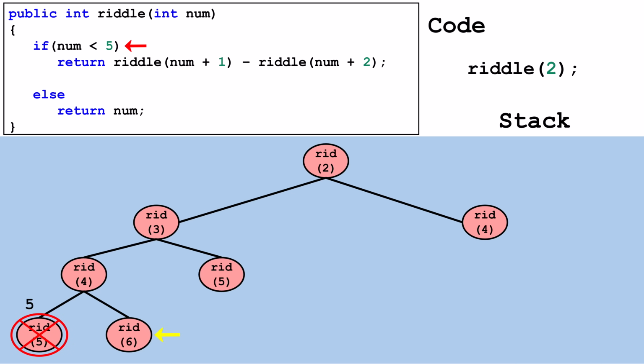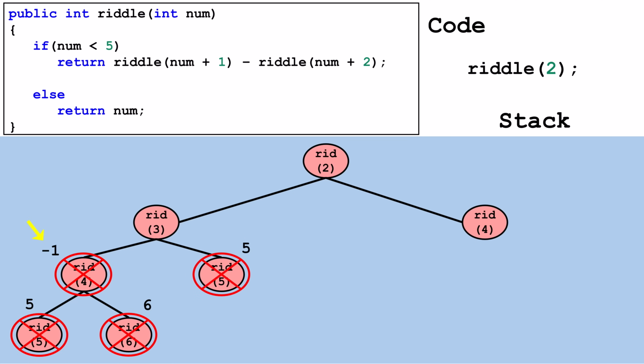The riddle 6 call also hits the base case and returns 6. Riddle 4 calculates 5 minus 6 and returns -1. Let's look to see if we can fill anything else out without tracing it. We already know riddle 5 returns 5, so we can just plug that in here.